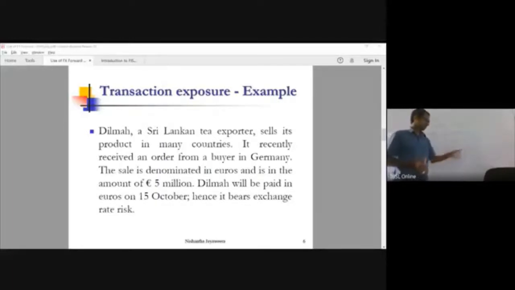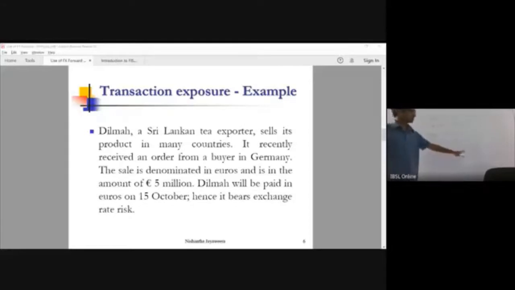This margin, everything depends on the competitiveness in the market. What would be the impact if he quotes 2 euros instead of 1.9 or 1.8? Everything is factored in. However, assume based on this exchange rate, the Sri Lankan exporter quotes 2 euros per 1 kilo.